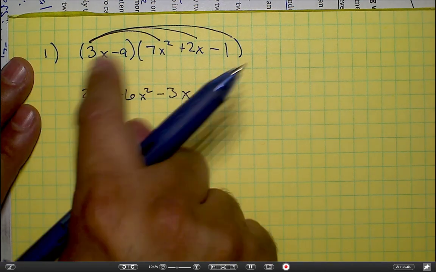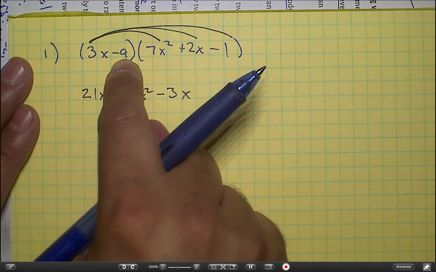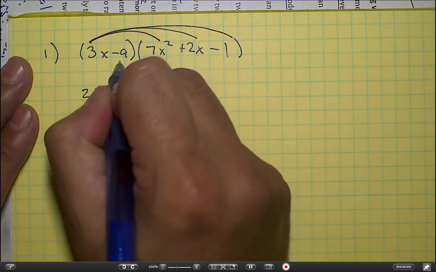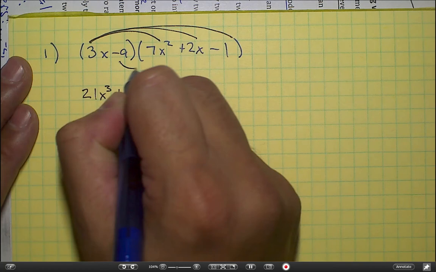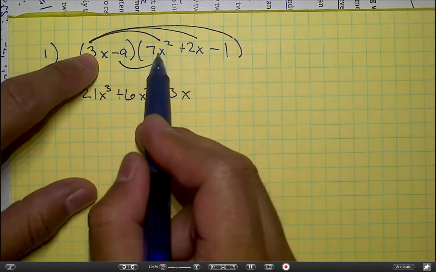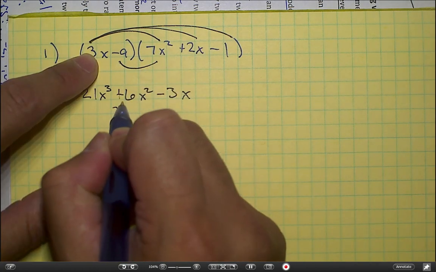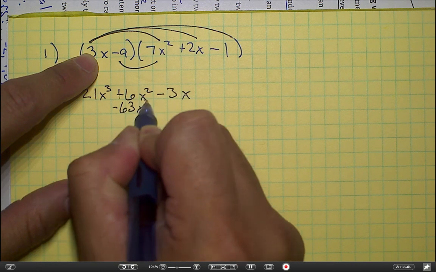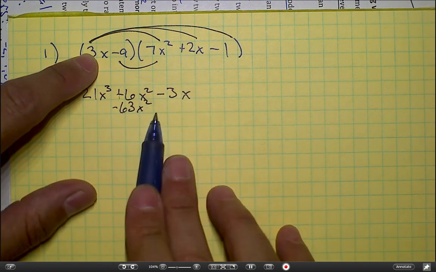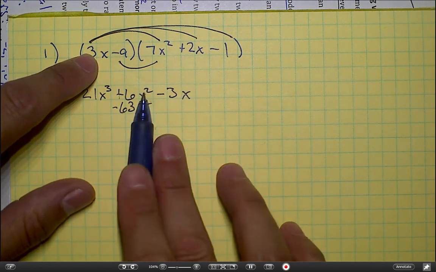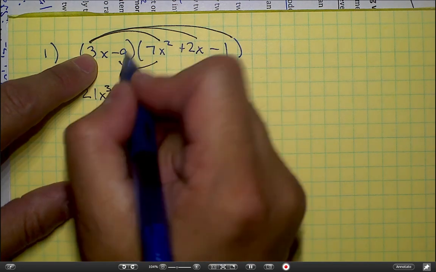Now I got the second term right here. I have to do the same thing with my second term, and I'm going to trace it from the bottom. This is going to give me my negative 63x squared, so I stack it up where the x squareds are. Like I said, this is the stacking method for the x squareds.